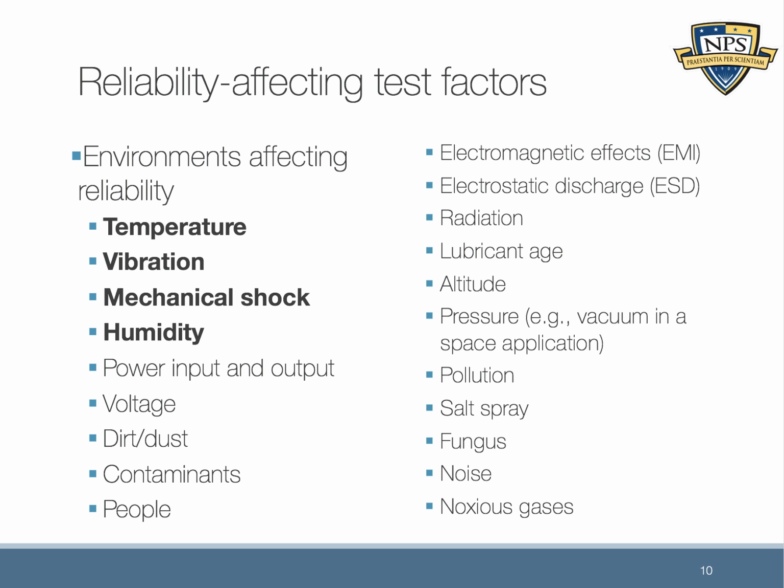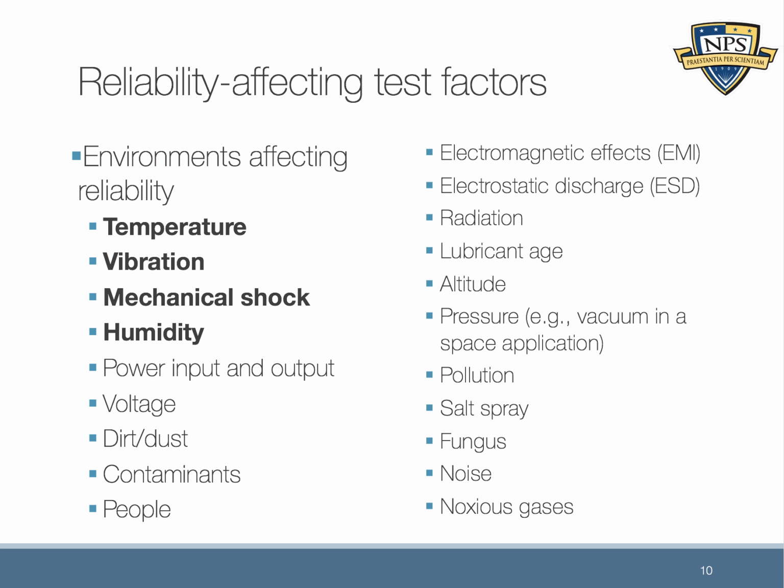If you're testing programmable logic devices, they're susceptible to radiation. And if you don't think about that prior to the test, then you may have radiation affecting your test without even knowing. So it's important to look at this list when you're developing a test and understand what the different variables are that could affect your test and whether you're controlling those during the test.